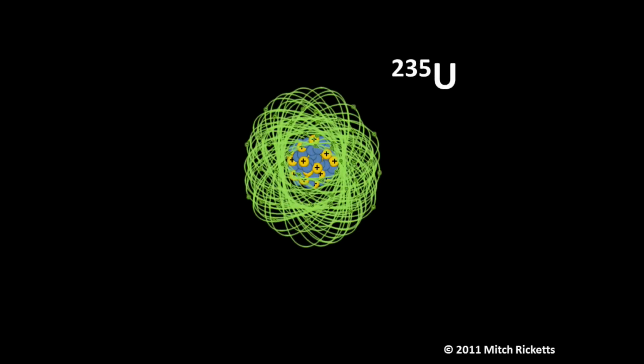And there are a variety of ways of doing this. In many fission reactors, the physicists start with uranium-235, a radioactive isotope, a very heavy element, and they will bombard that element with neutrons.